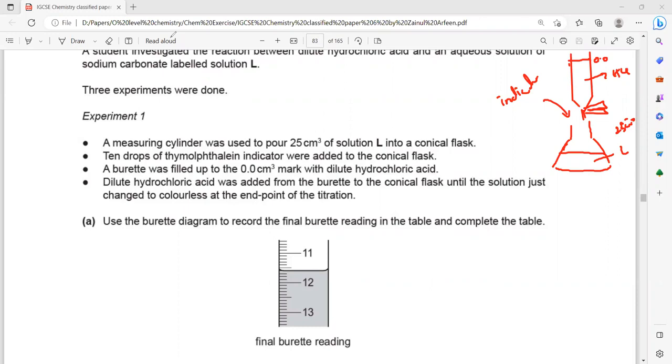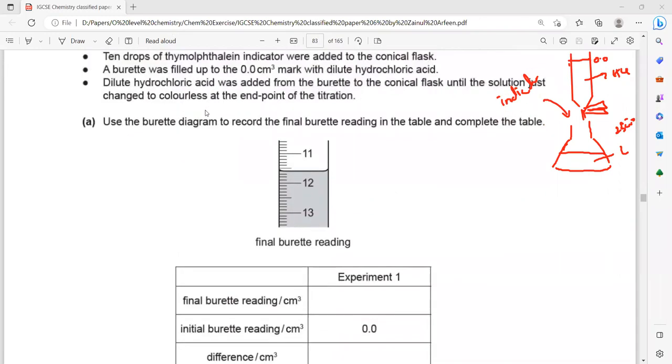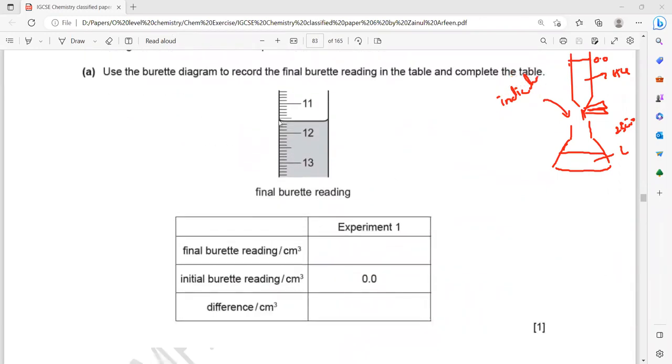The question is, use the burette reading, record the final burette reading in the table and complete the table. So what is the final burette reading? You can use the screen annotation to complete this.